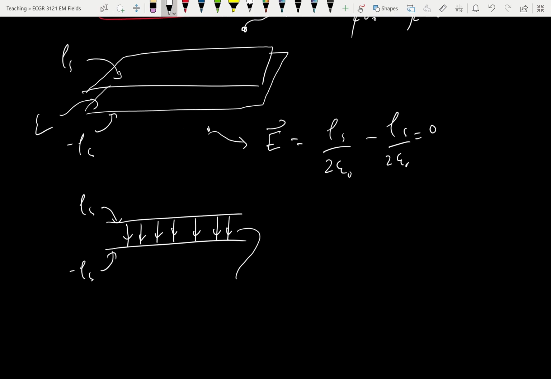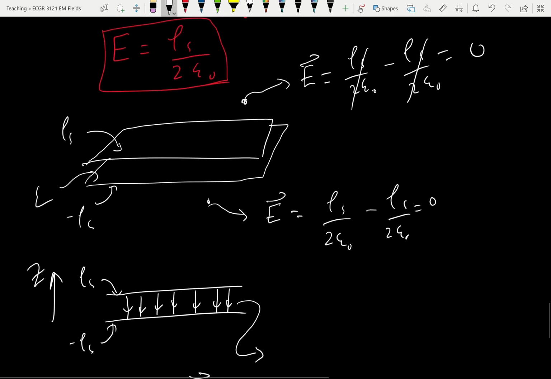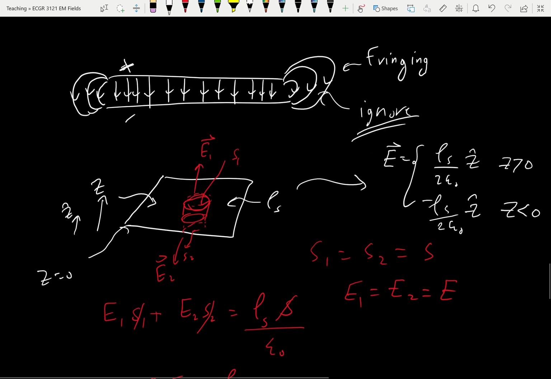Again, the field in the middle is going to be the sum of the fields from the positive plate and the negative plate. Assuming the z-axis is positive this way, in this region inside, the material is epsilon in the middle. In this region between the plates, we are under the positive plate.